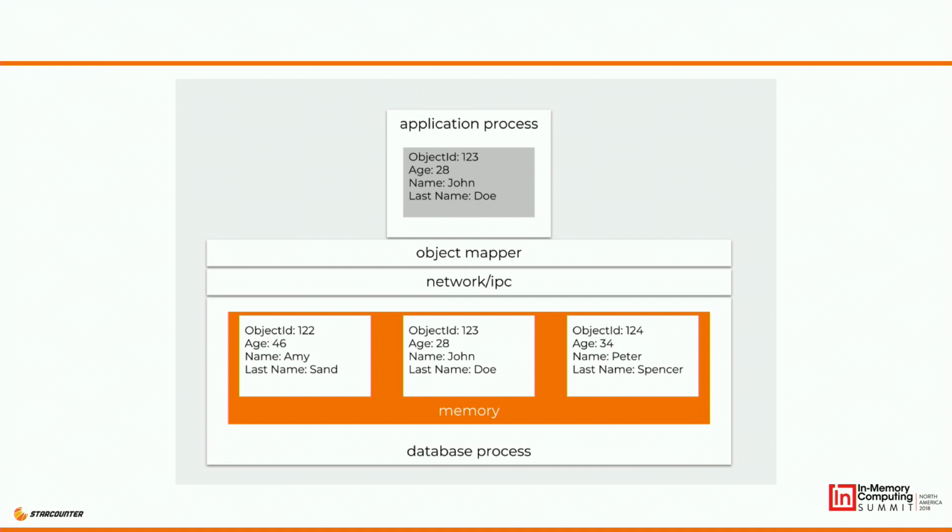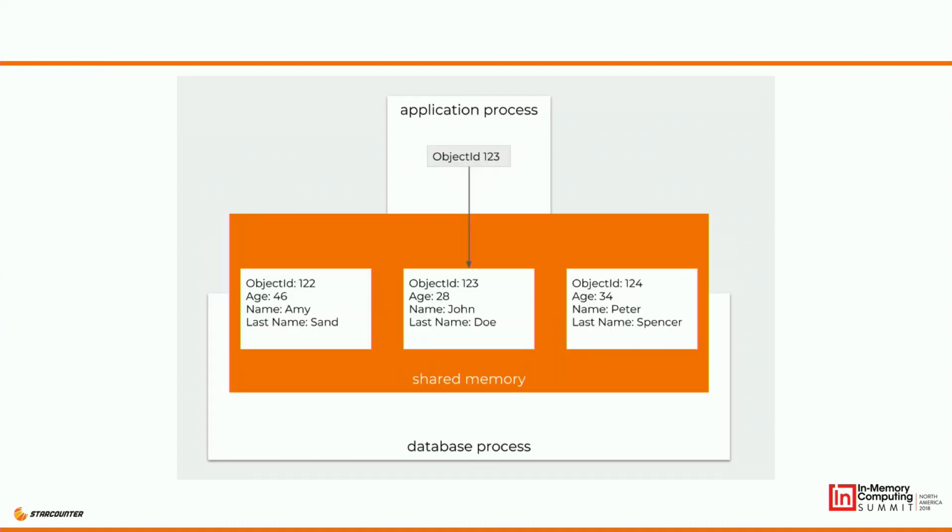If you look at a StarCounter application, this memory is shared between the database process and the application process. So effectively, all you have in your application is some small, what we call proxy objects. You can look at it as a pointer to the shared memory space.